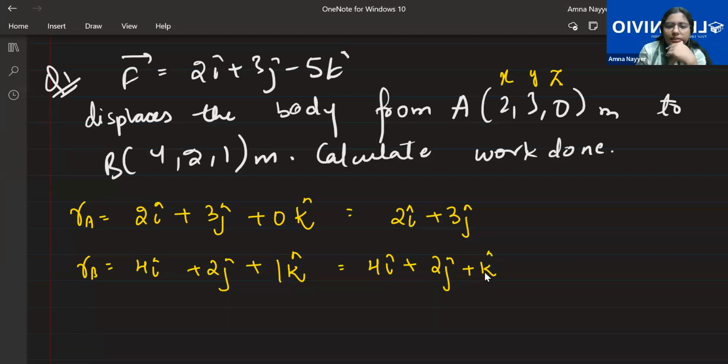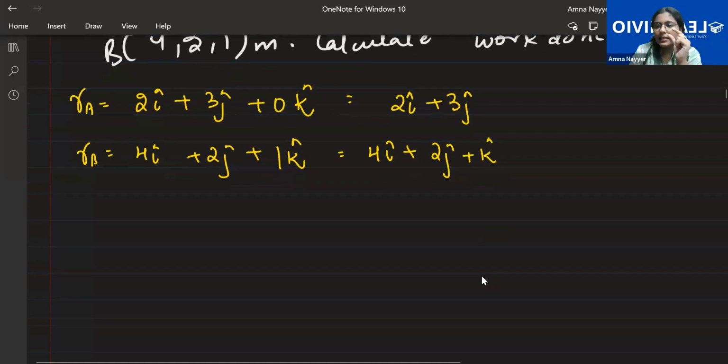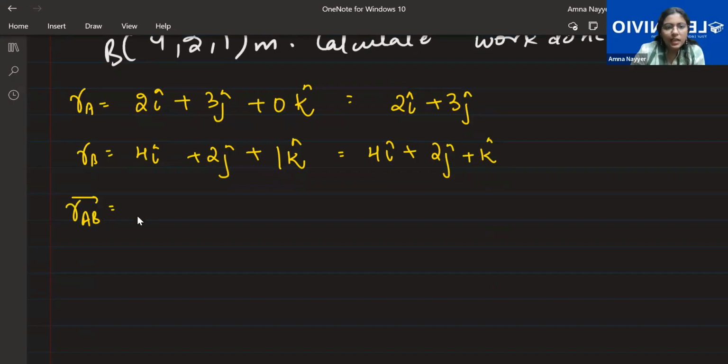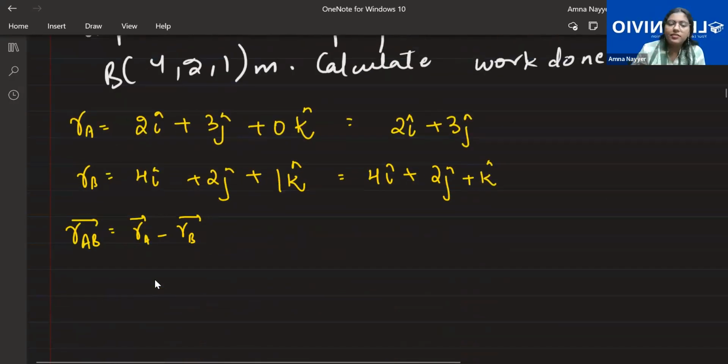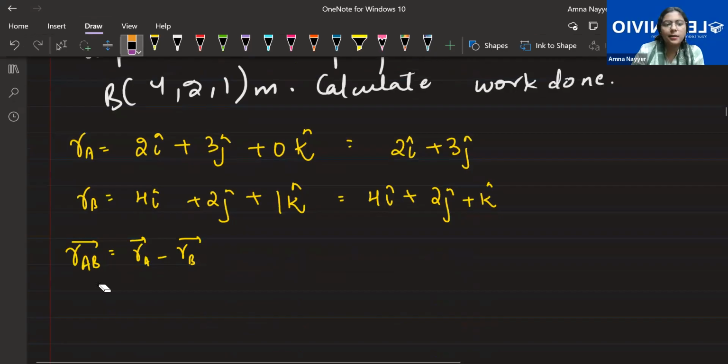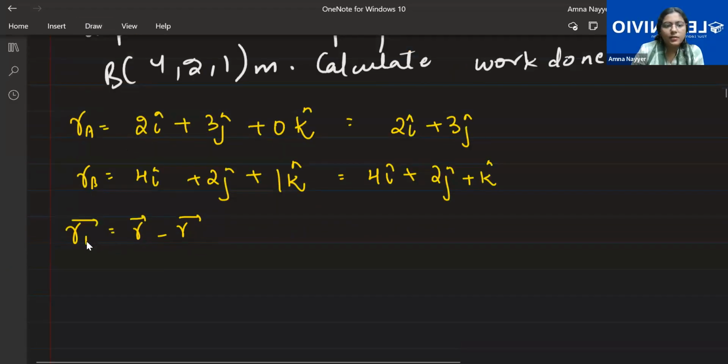These are the separations. So you need to get the separation, means this is one point, this is second point. You need to get the difference between both the points. Okay. From A to B, so it will be RBA. Final minus initial will come. So this will be RBA, RB minus RA.